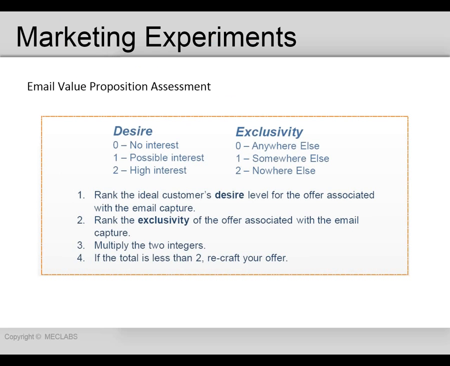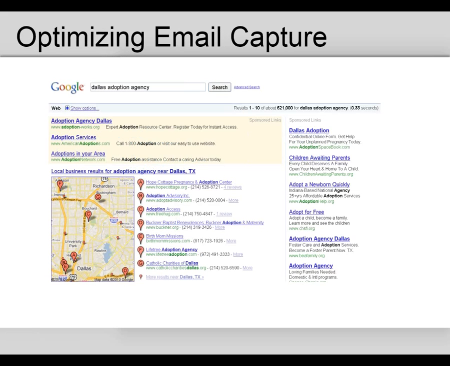I'm going to go quickly through this example, but let me go through an example here of an actual organization. This is an adoption agency here in Dallas. They drive traffic to their website primarily through search engine marketing. When people arrive at the website, they're presented with this.